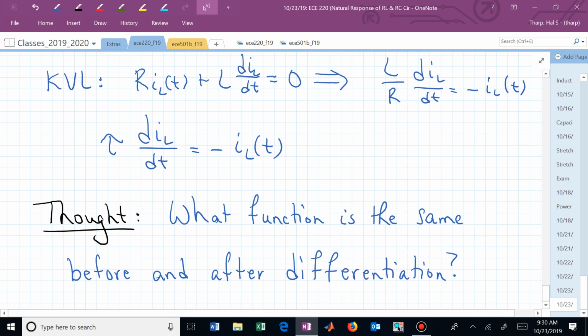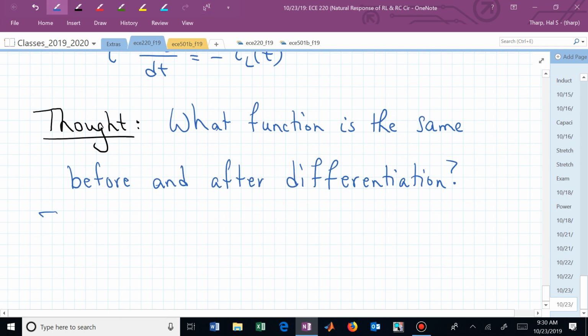What function is the same before and after differentiation? What f of t is equal to its derivative? E to the x, right? So now suppose I sub L of t is equal to e to the x.